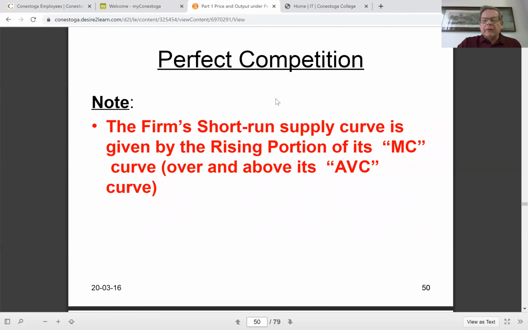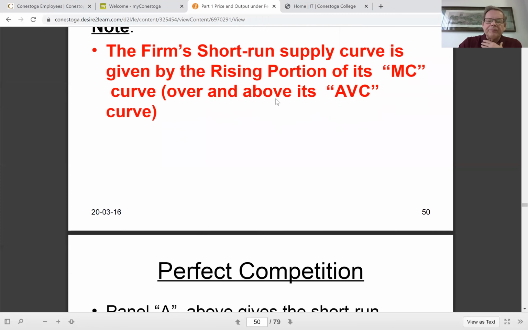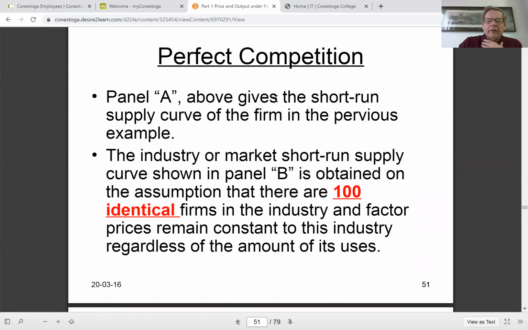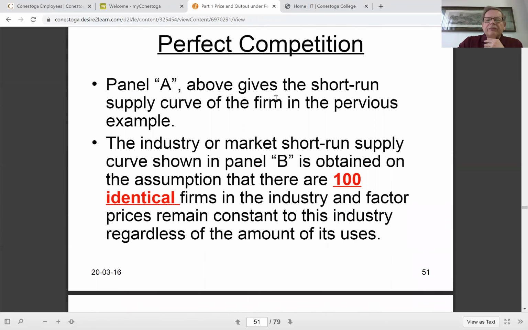Please highlight on slide 50 this point. The firm's short-run supply curve is given by the rising portion of its marginal cost curve over and above the average variable cost curve. Panel A above gives the short-run supply curve of the firm in the previous example.